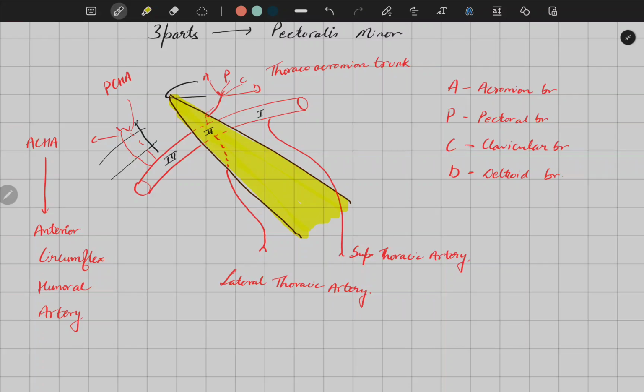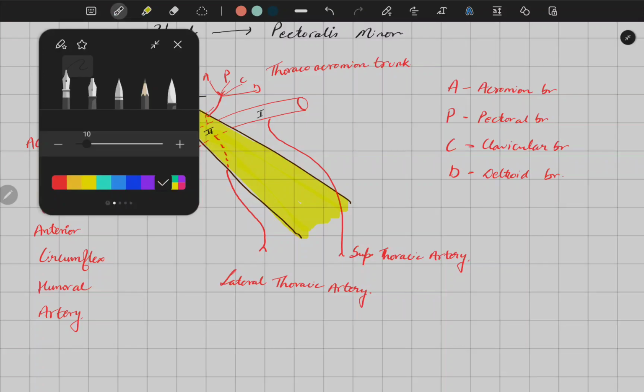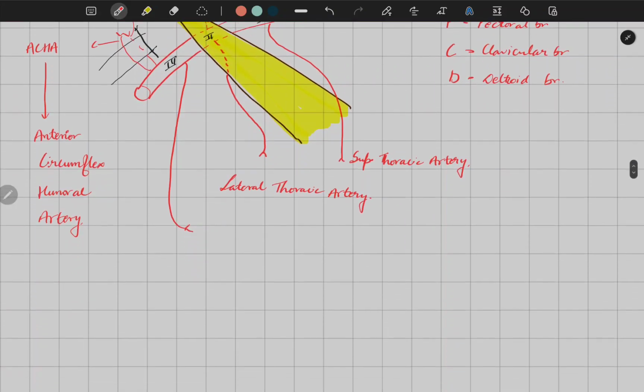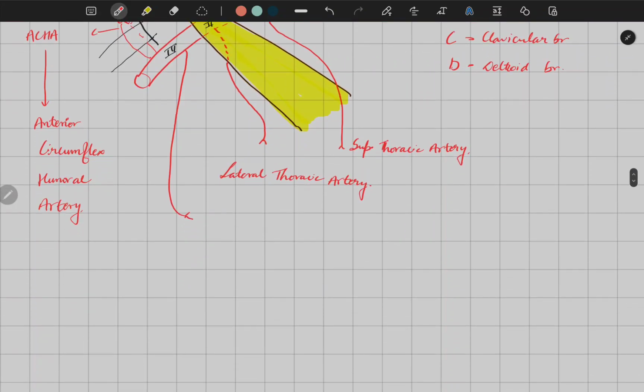So, axillary nerve. And the third branch from the third part of the axillary artery is a major one. It is the largest branch of the axillary artery. Let me draw it. This is the largest branch, and it is known as the subscapular artery.